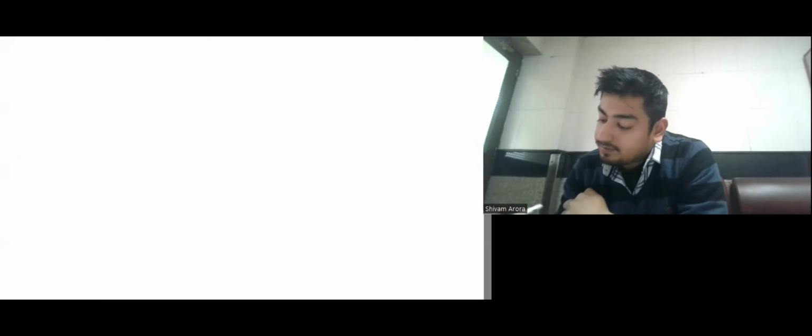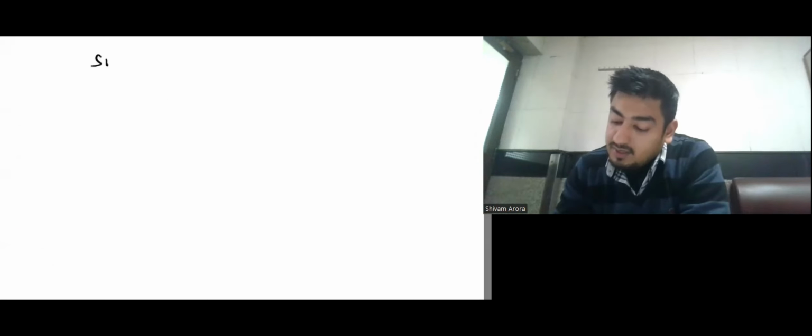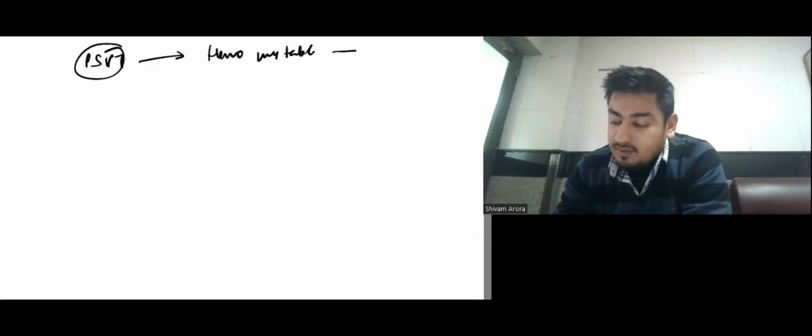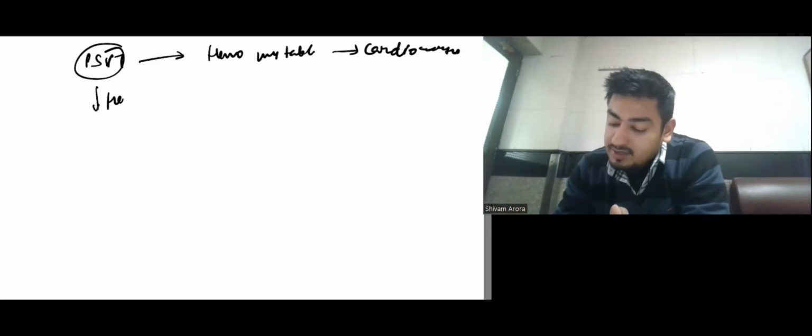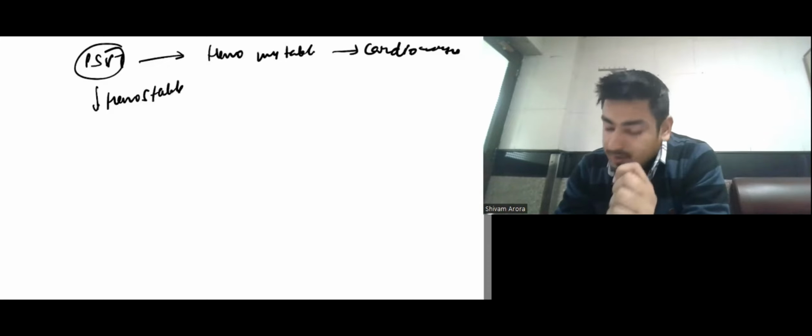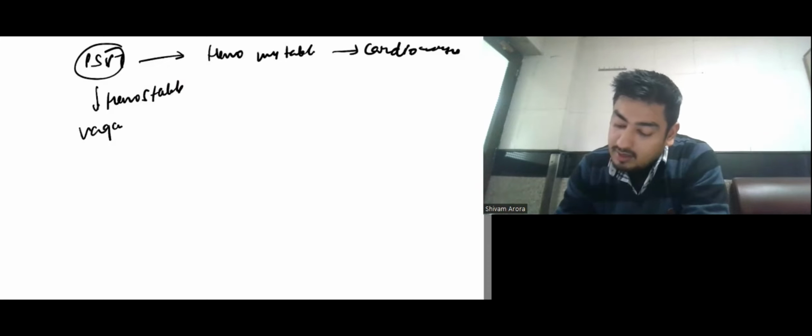Okay. Now for PSVT, what is the treatment? If the patient is hemodynamically unstable, then we have to give cardioversion. In any arrhythmia, if the patient is hemodynamically unstable, cardioversion is the treatment. If the patient is hemodynamically stable, then the first thing we will do is vagal maneuvers or carotid massage.